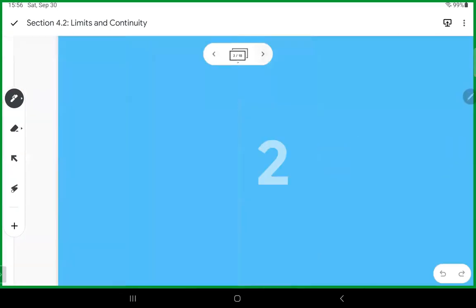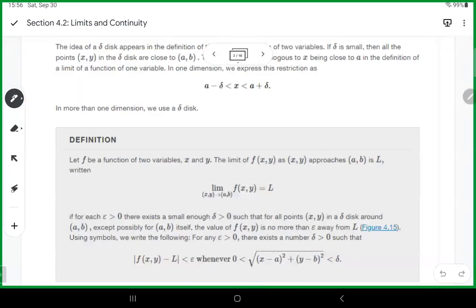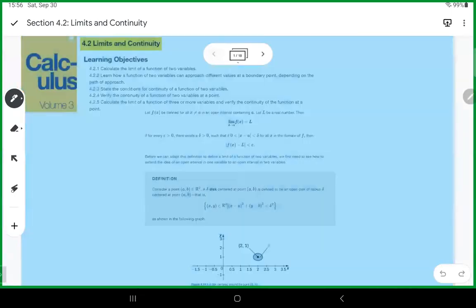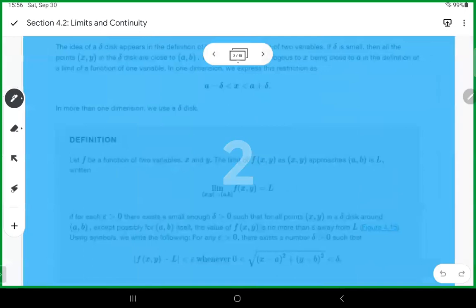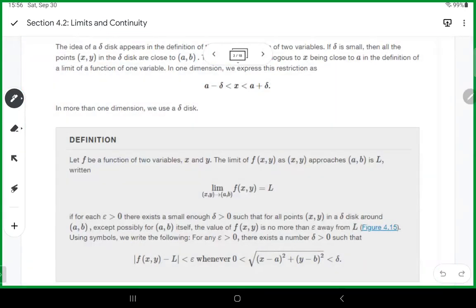Like I said, it's just going to be a lot of definitions. So the idea, did I just make that bigger? No, it continues. So this idea that the delta disk appears in the definition of the limit of 2 variables: if delta is small, then all the points (x, y) in the delta disk are close to (a, b).